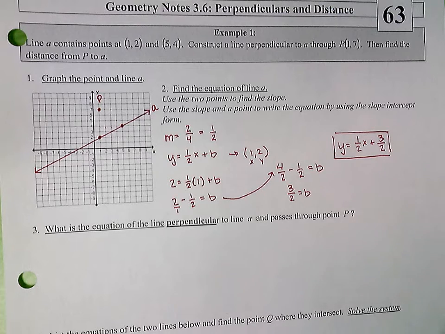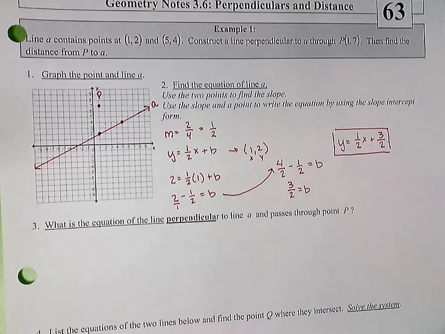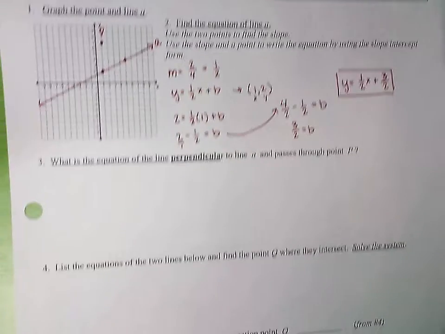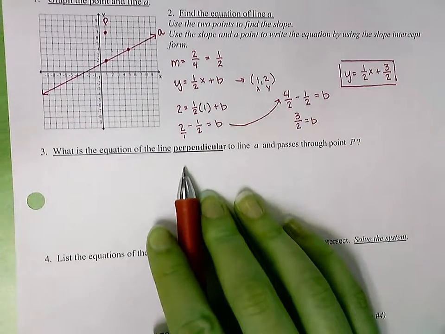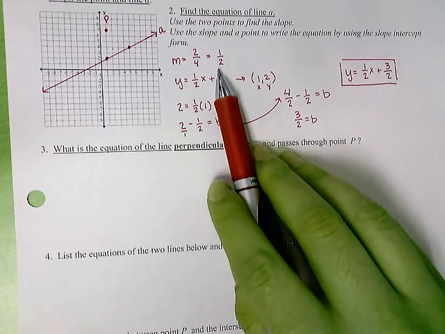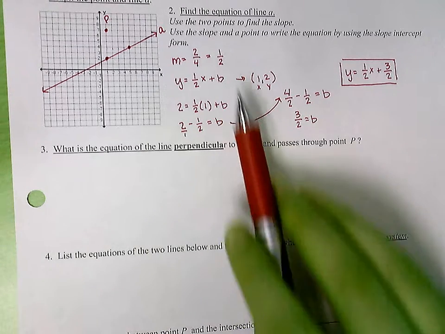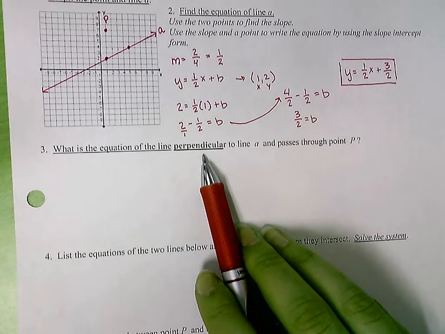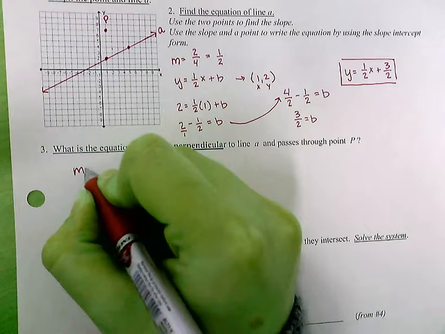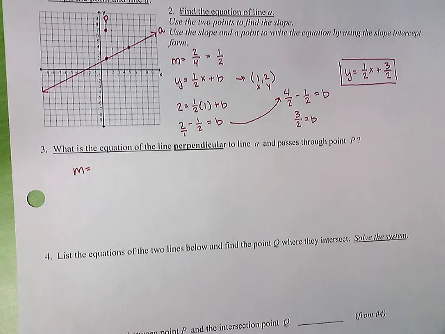Next, I need to find the equation of the line perpendicular to line A and through point P. Okay, so that's what number 3 is. So if it's perpendicular, what do I have to do to my slope of line A? The reciprocal and the opposite.